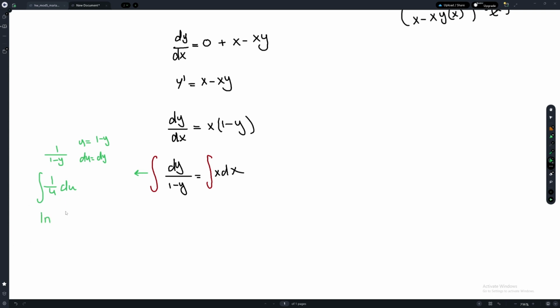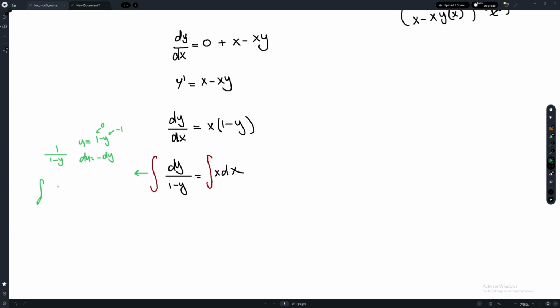But wait, what am I missing here? I feel like I'm missing something. When I differentiate u equals 1 minus y, this becomes 0 minus, oh, that's what I missed. Your du would actually be a negative dy. Don't forget that negative, because the derivative of 1 is 0 and the derivative of negative y is negative 1.